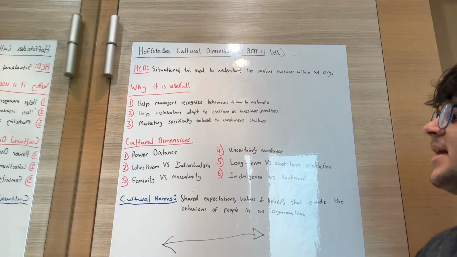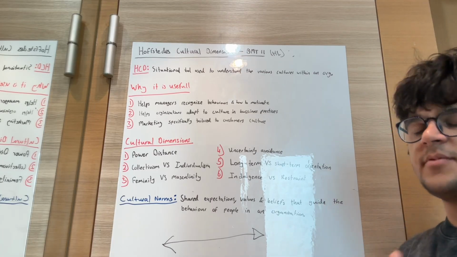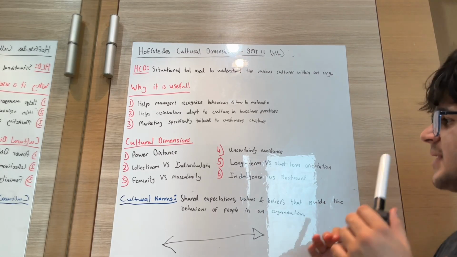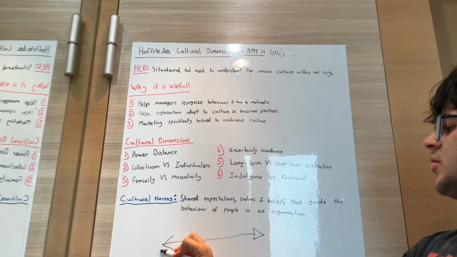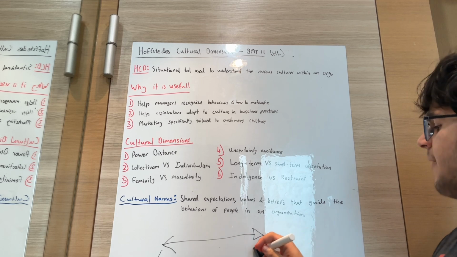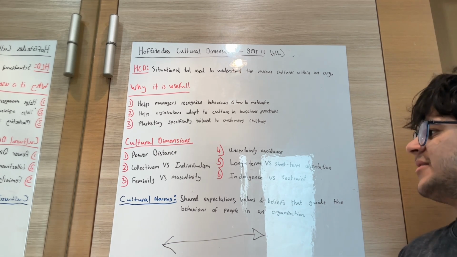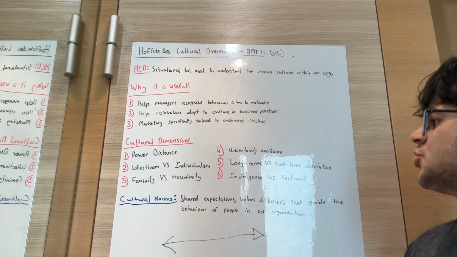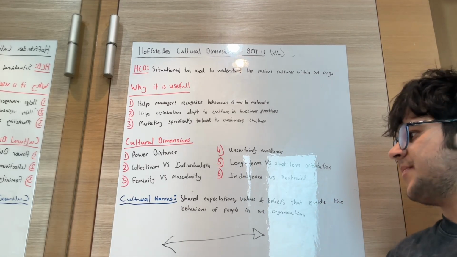And that is the first cultural dimension. Once again, I will get into all this later. Let me just introduce it. Secondly, we have this idea of collectivism versus individualism, these complete contrasts that are on opposite sides of a scale. Then we have femininity versus masculinity, uncertainty avoidance, long-term versus short-term orientation, and then indulgence versus restraint, okay?